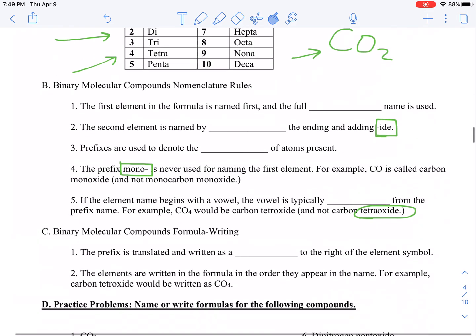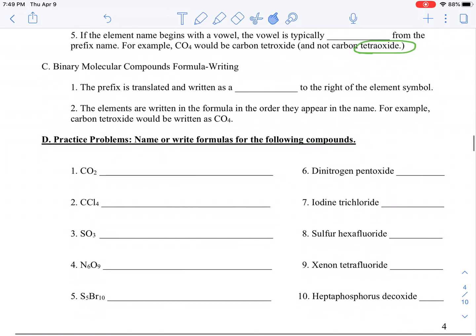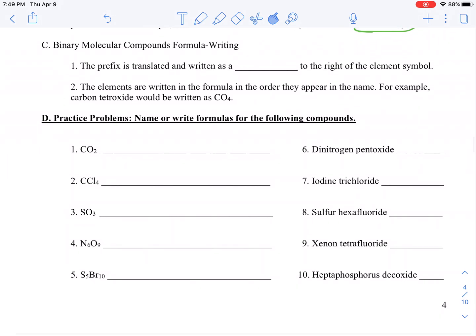So let's get some practice writing out these formulas. And before we do, let's just remind ourselves how to actually write the prefix as opposed to the name. So you'll notice that in all of these examples, we're giving you names like dinitrogen pentoxide or iodine trichloride. That order of names also indicates the order of the atoms in the molecule.